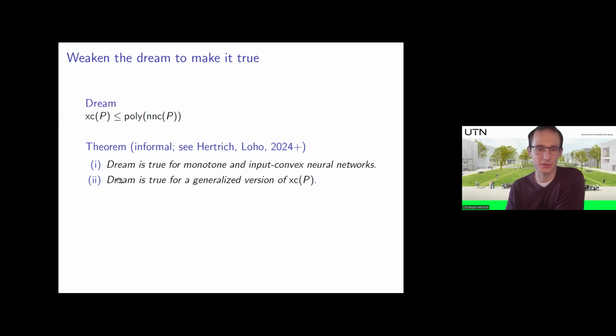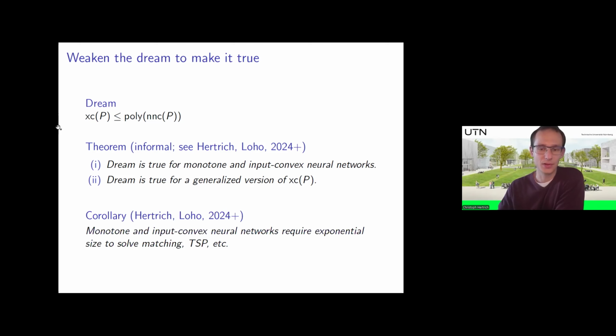And in this case, also the dream becomes true. But in particular, the first point of this theorem implies that monotone and input convex neural networks need to be exponential if they want to solve problems like matching and TSP and so on. That's it, what I want to talk about for the polynomial size.